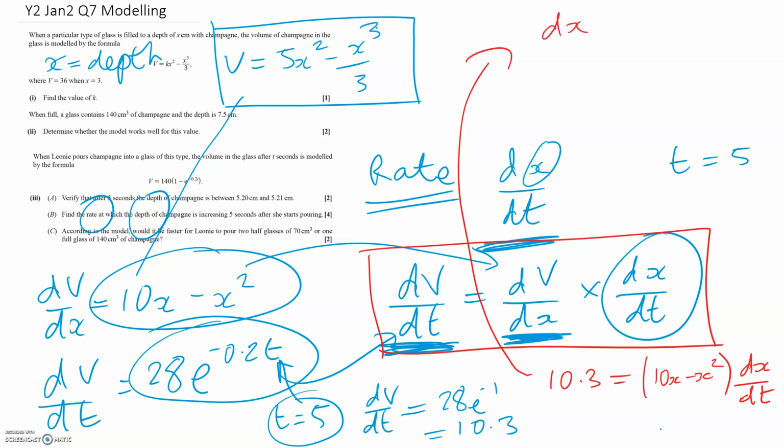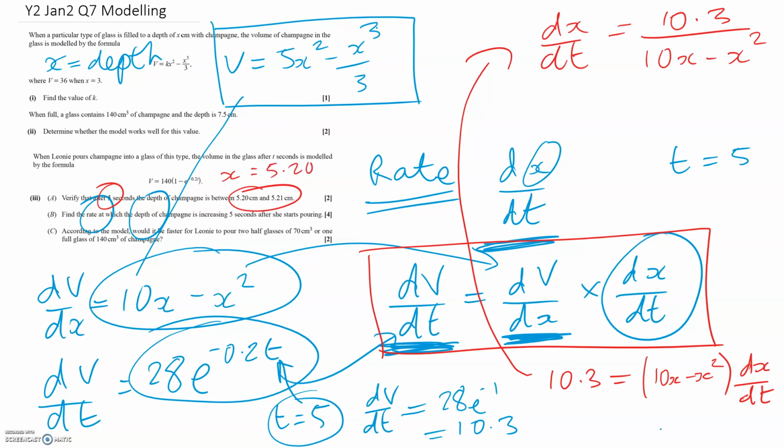I'm rearranging, so dx by dt, which is what we're actually trying to find in this question, is 10.3 divided by 10x minus x squared. And when t equals 5, we knew from the previous question that x was 5.207 to 3 decimal places. We worked it out a minute ago.